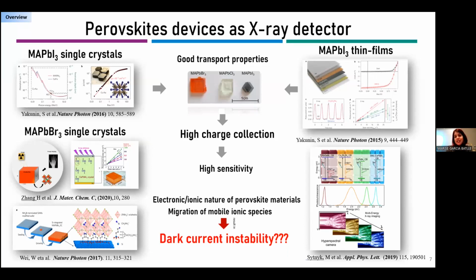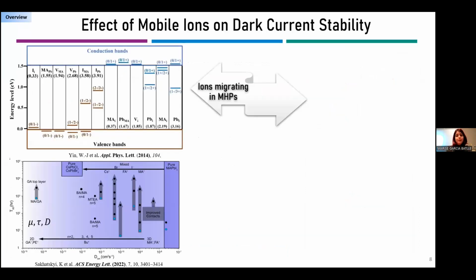So I think this is the bottleneck of this technology: the long-term stability of perovskite materials for X-ray detection. Mobile ions have been extensively studied. This is not a new topic at all. Transition energies and formation energies have been reported, even the mobility and diffusion coefficient of these ions.